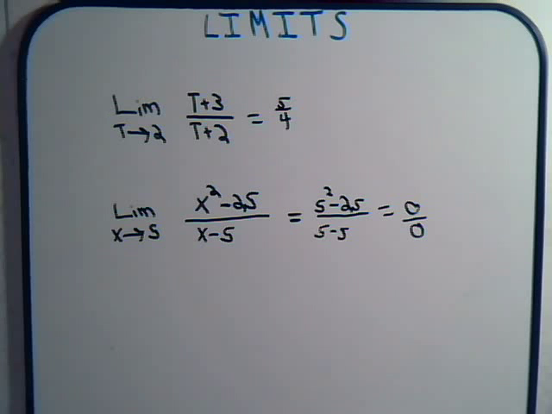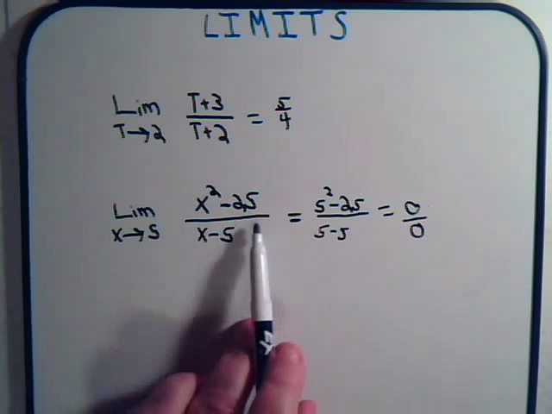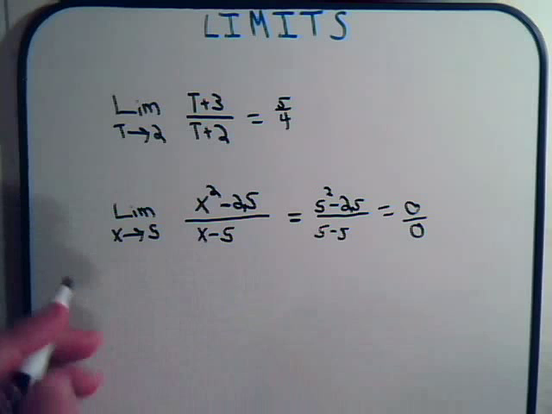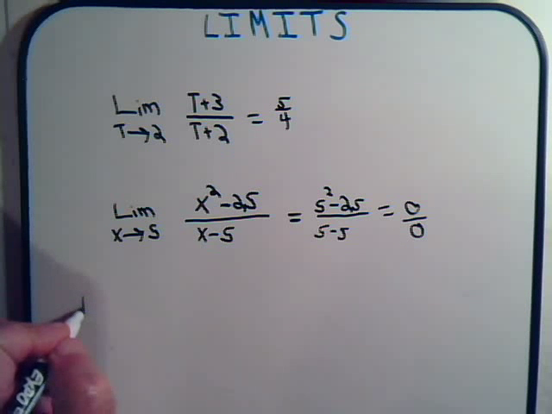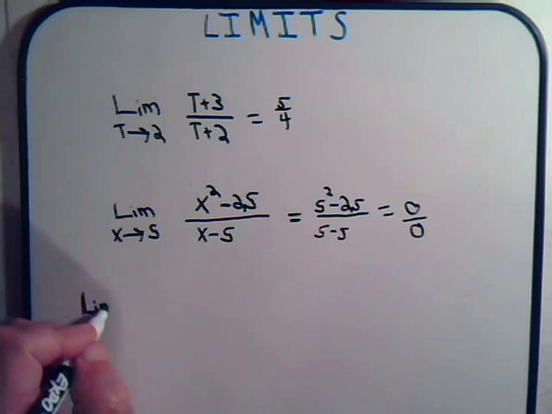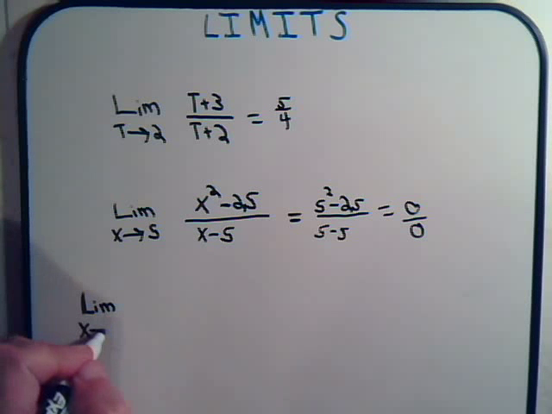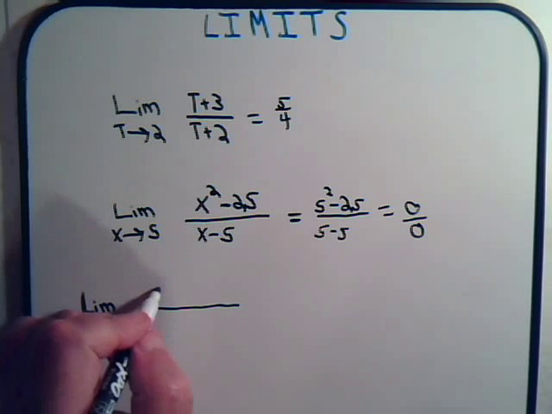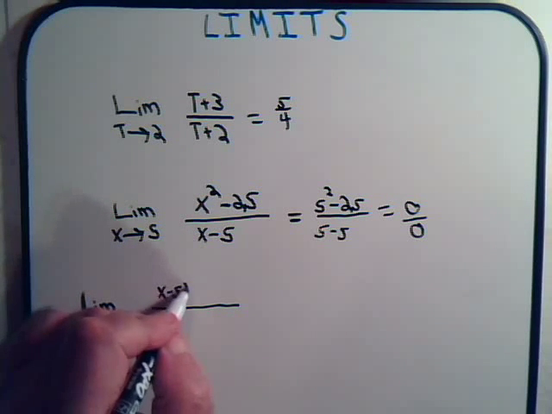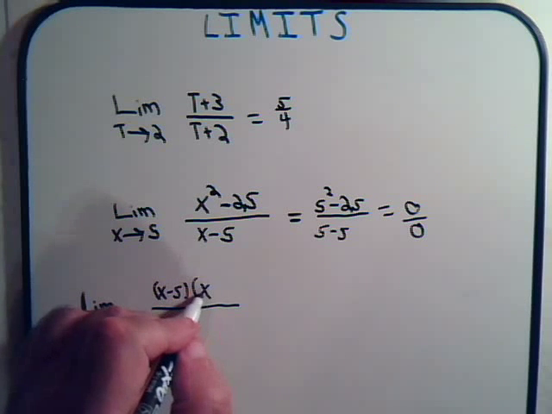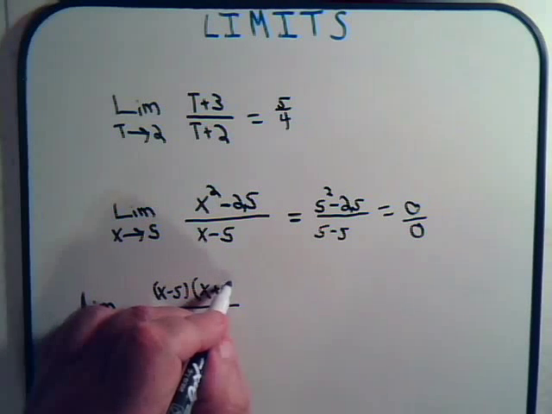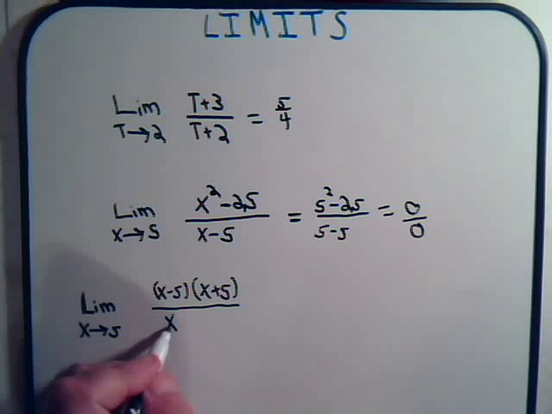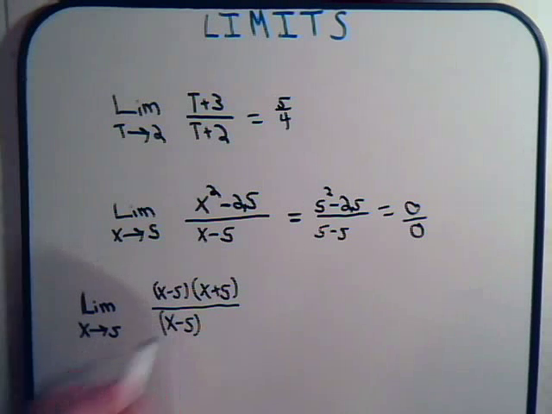In these kinds of situations, one thing we could look for is whether there are ways that we can simplify the expression. Up here we've got the difference of two squares, so you can rewrite the problem like this. This would be the limit as x approaches 5 of x minus 5 times x plus 5 divided by x minus 5.